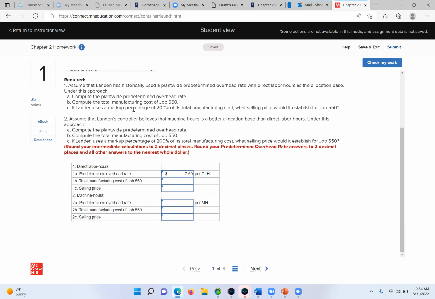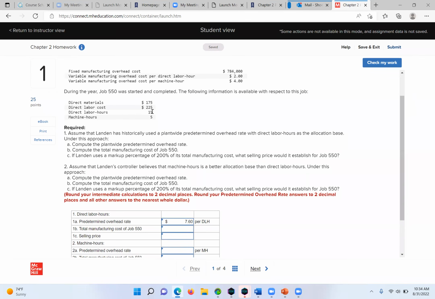In this case, it tells us the manufacturing cost, direct materials, let me find it. Oh, it's up here. Tells us our direct materials are 175. Our direct labor is 225. We have our predetermined overhead rate of 760. It told us our direct labor hours are 15.